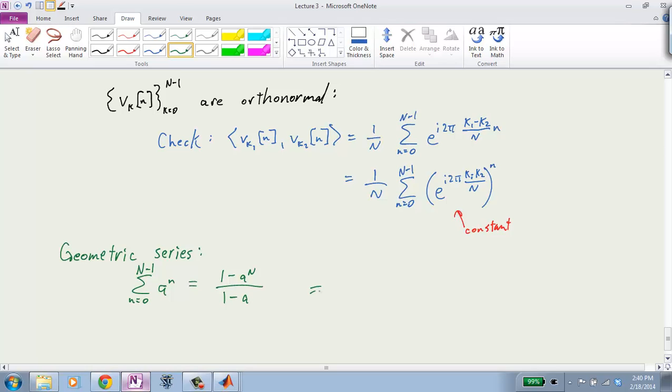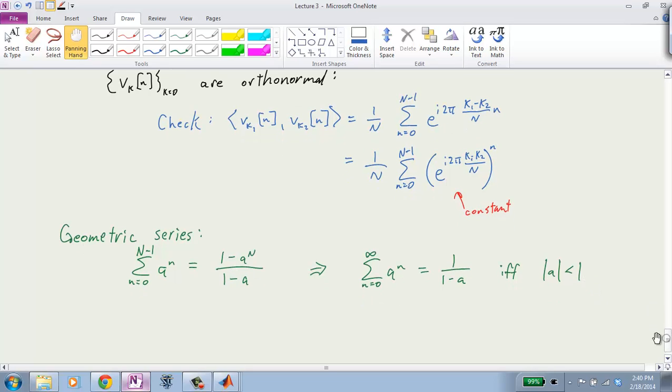And therefore, if you sum to infinity, which is something we'll often want to do, this is going to equal 1 over 1 minus a, if and only if the magnitude of a is less than 1. Because notice, in order for this to converge, a to the capital N better go to 0. Now notice there's one catch with this geometric series.